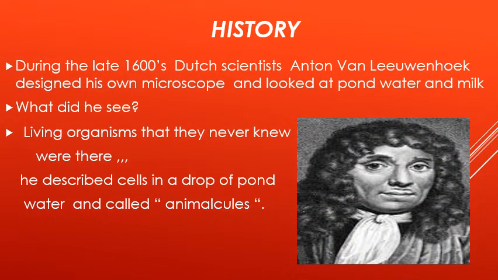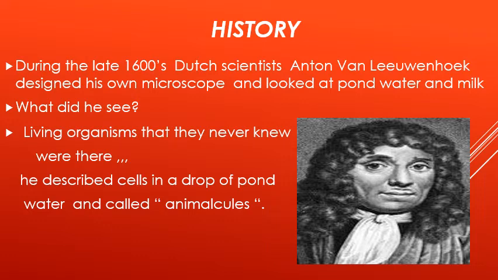During the late 1600s, Dutch scientist Anton van Leeuwenhoek designed his own microscope and looked at pond water and milk also. What did he see there? He saw living organisms that they never knew were there.